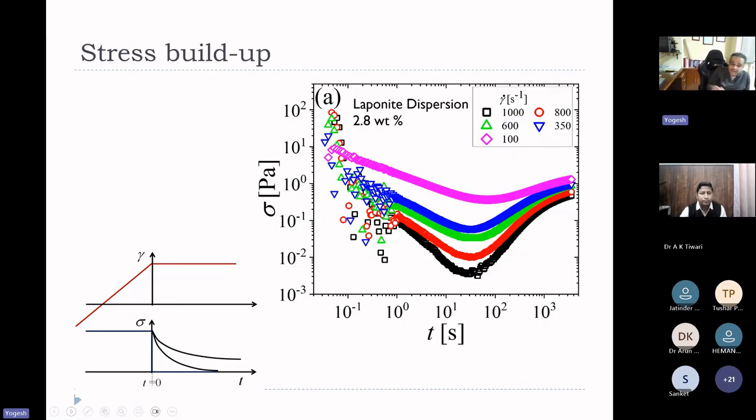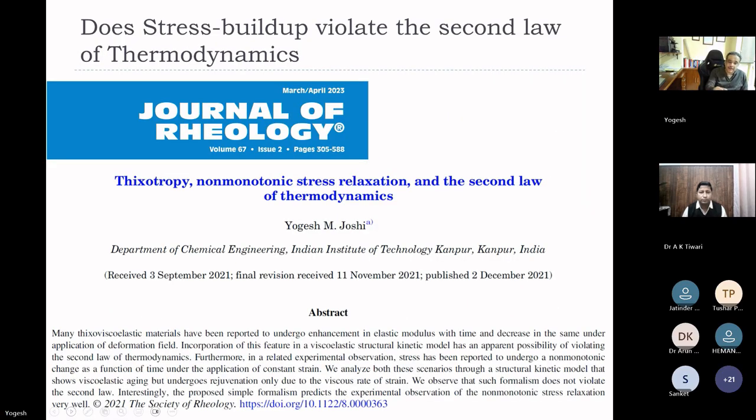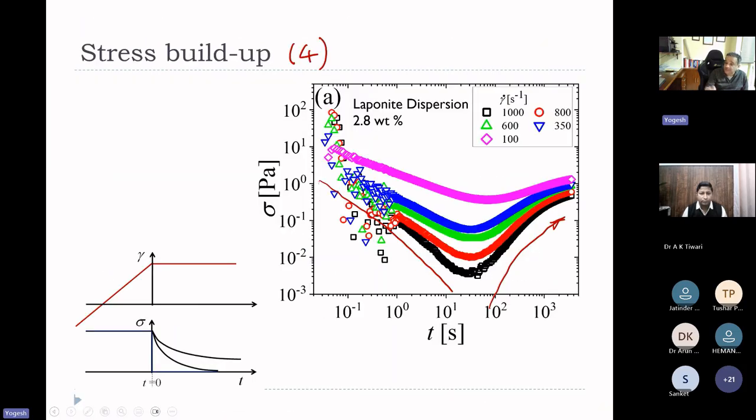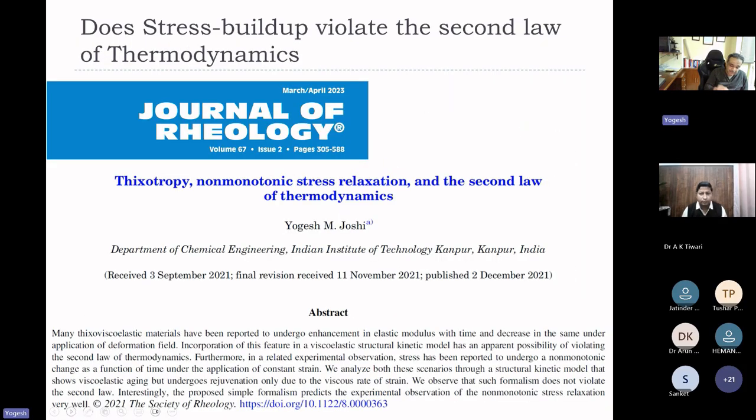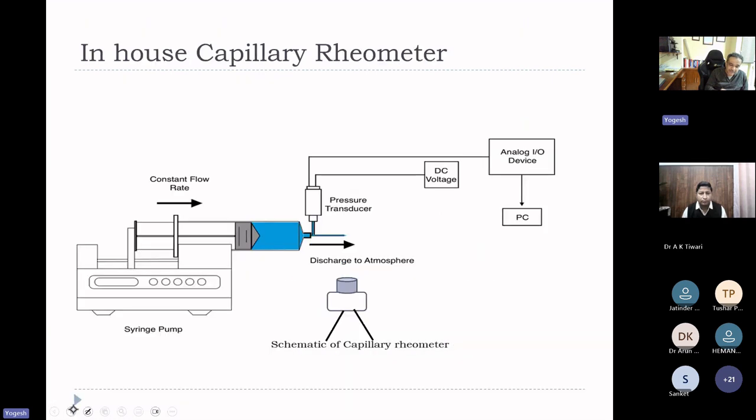What we observed is that stress first decays and then starts increasing. We recently published this paper in the Journal of Rheology. So this stress buildup is the fourth type of behavior that we saw. We also proposed how this stress buildup does not violate the second law of thermodynamics. That paper appeared a few years back.